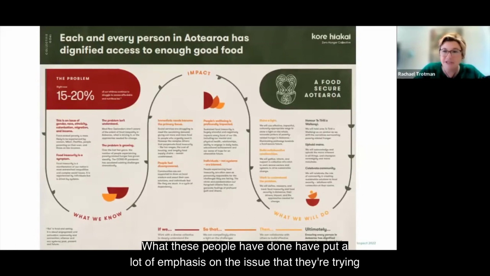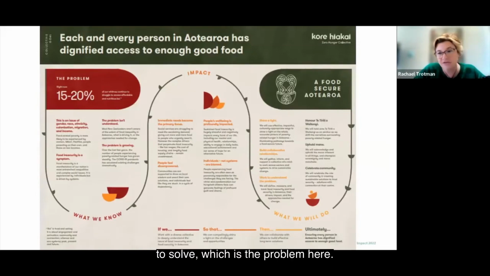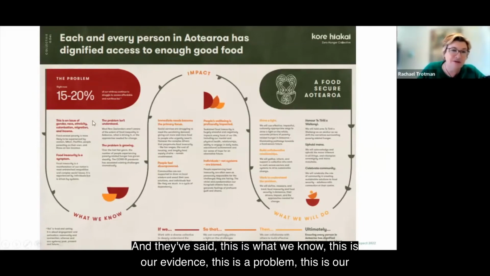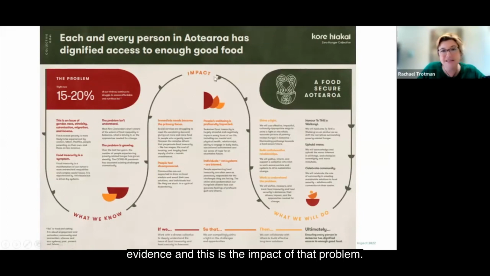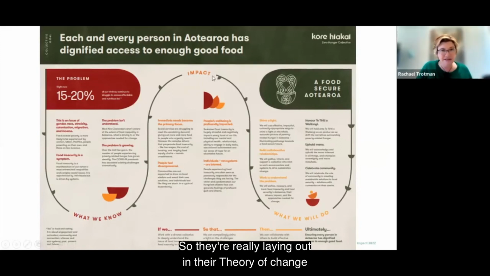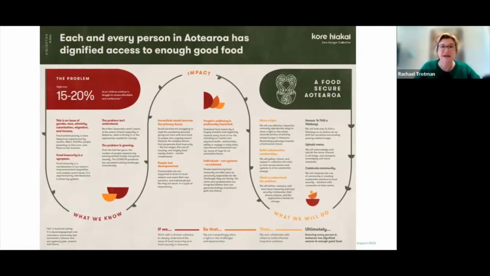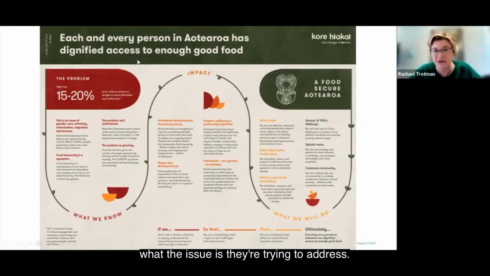What these people have done is put a lot of emphasis on the issue that they're trying to solve, which is the problem here. They've said, this is what we know. This is our evidence. This is the problem. This is our evidence. And this is the impact of that problem. So they're really laying out in their theory of change what the issue is they're trying to address.